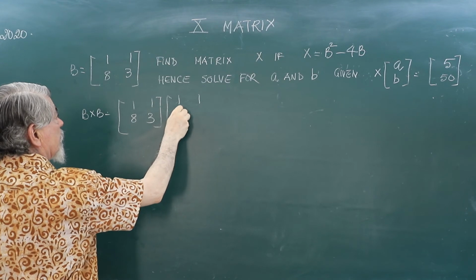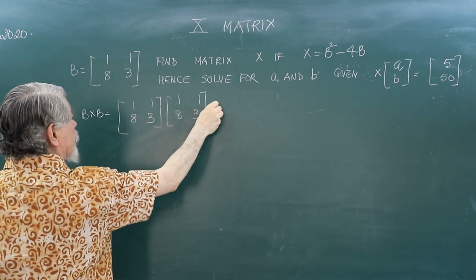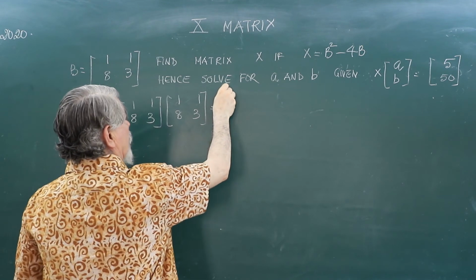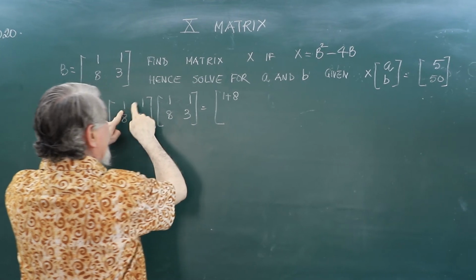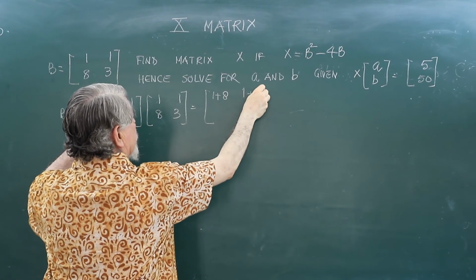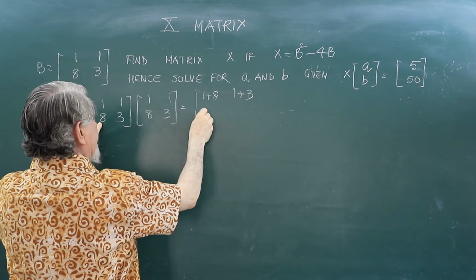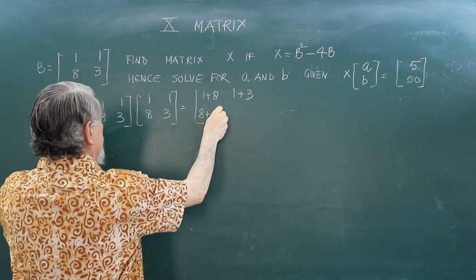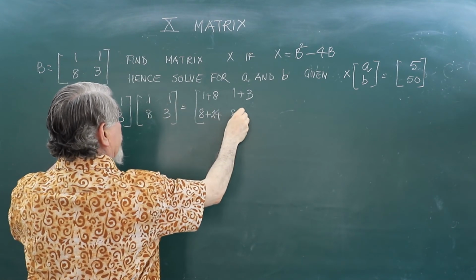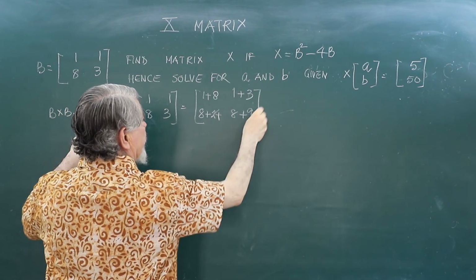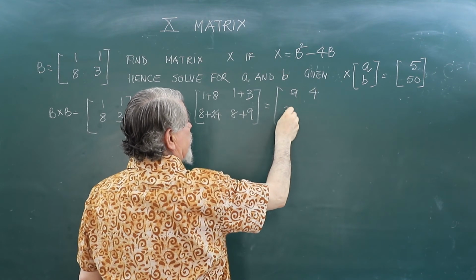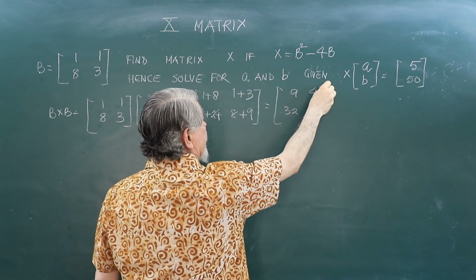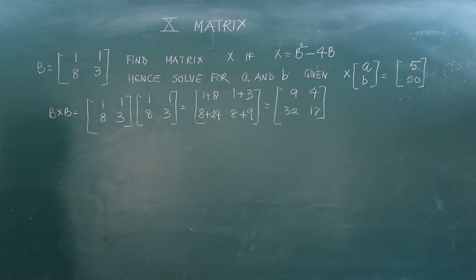All signs are plus, so it will be easier for you to calculate. 1 into 1, 1 plus 8. 1 into 1 plus 3. 8 into 1, 8 plus 24. 8 into 1, 8 plus 9. So we will get this as 9, 4, 32, 17. We get the matrix B square as 9, 4, 32, 17.